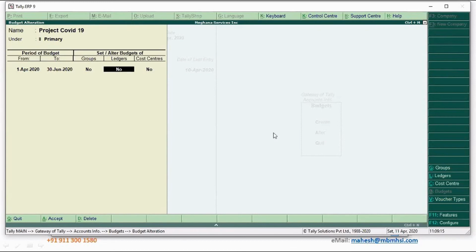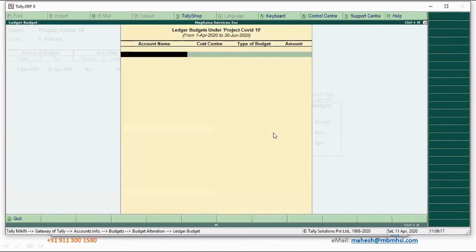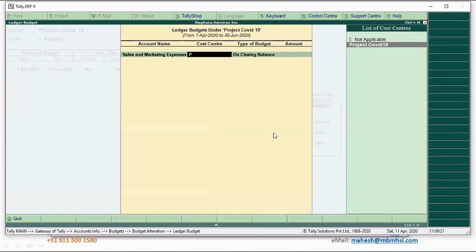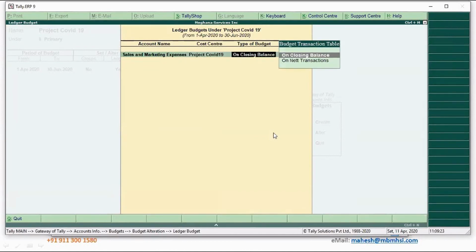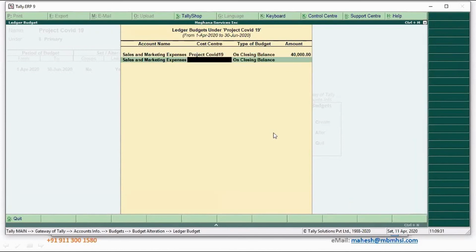So for example, I could say for account sales and marketing expenses against project COVID, on closing balance, I have a budget of 40,000 rupees. For the same sales and marketing against Malleshwaram lab, I have a 20,000 budget. I could give this breakup at this level also.